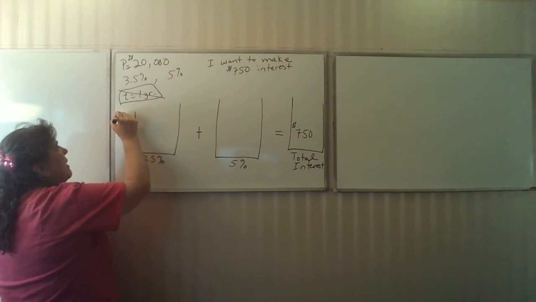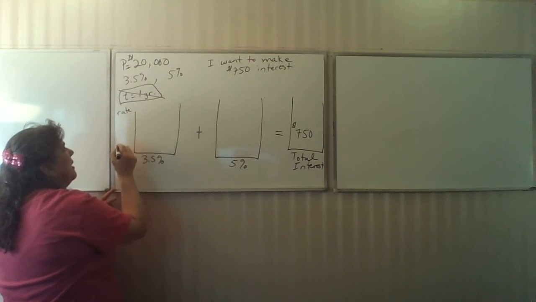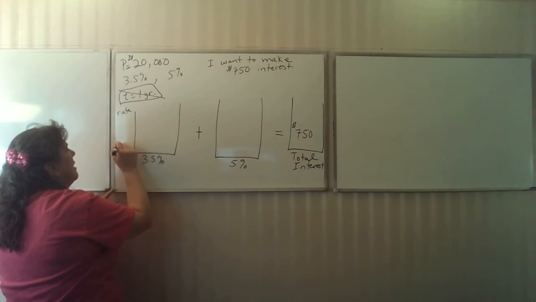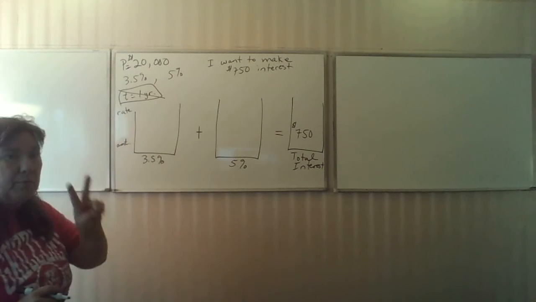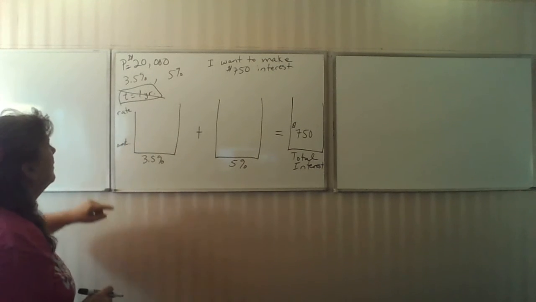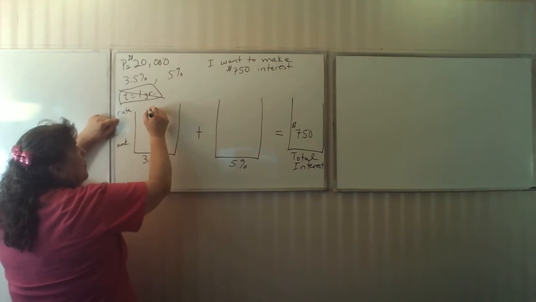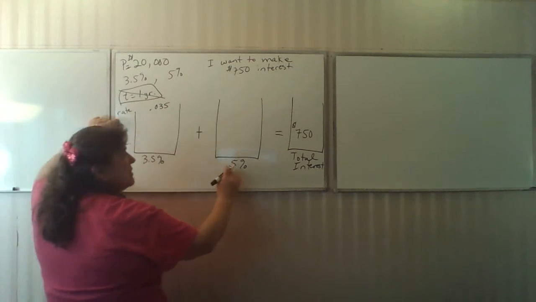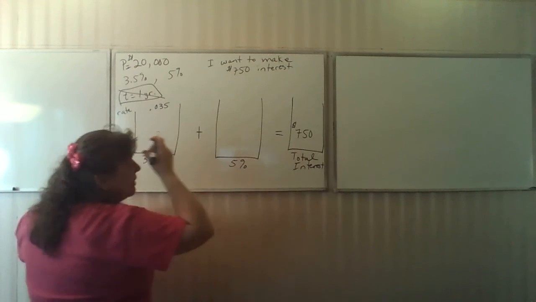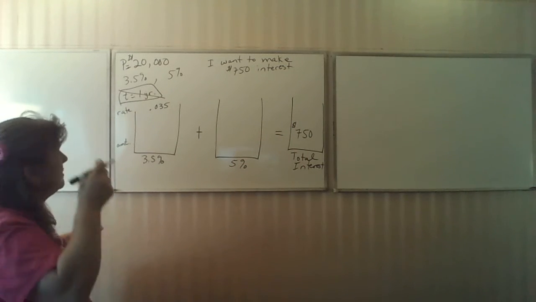Now, this is my rate goes on top and my quantity or the amount of money goes inside the bucket. Now remember, we have two pieces here. My rate, I'm going to change it to a decimal because I do not have percents on every bucket, so I have to use decimals now.